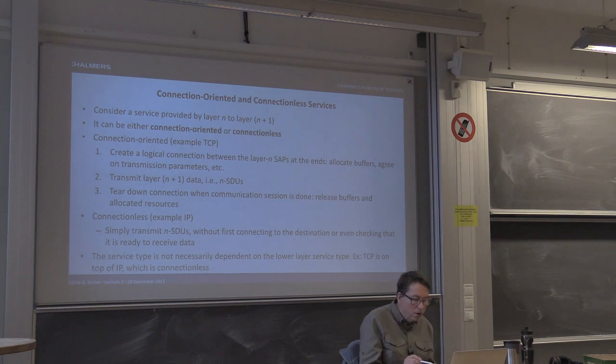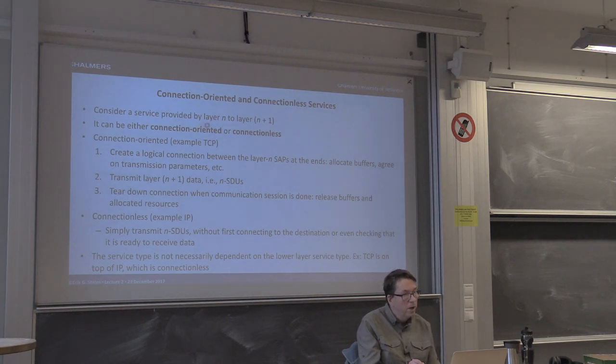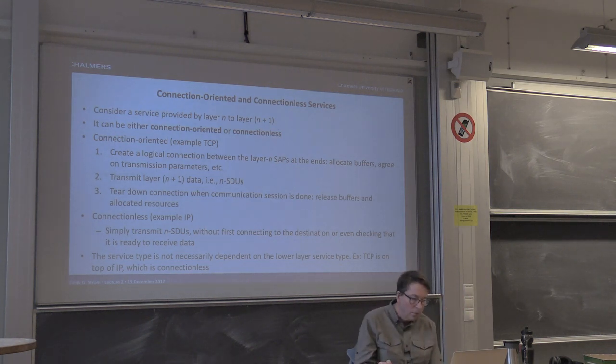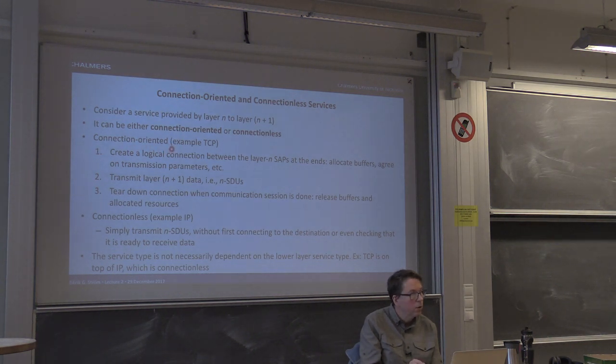Okay, so let's consider a service provided by layer N. So it's provided by layer N, so that means that it's a service which is used by layer N plus 1. So let's assume that we are layer N. It can be connection-oriented, and one example of a connection-oriented protocol is TCP. A connection-oriented protocol establishes a connection before transmitting user data.